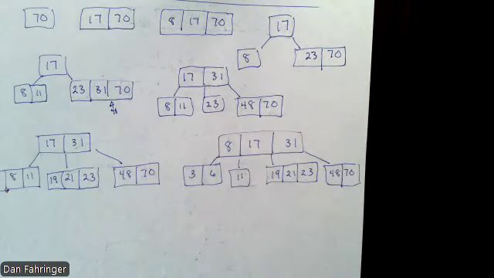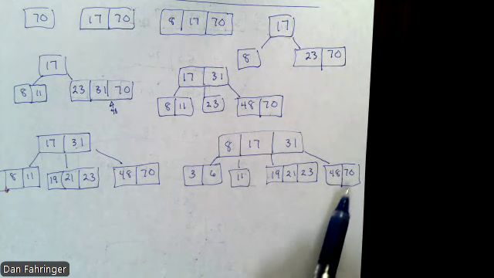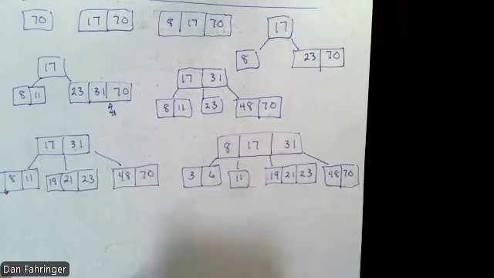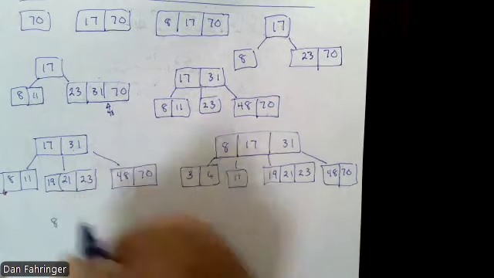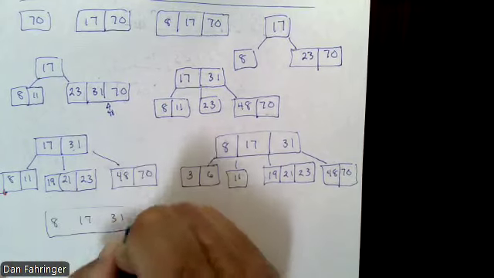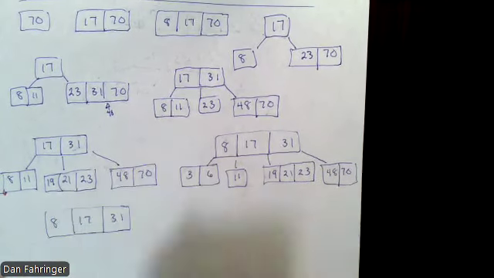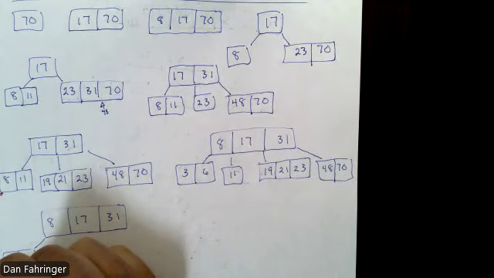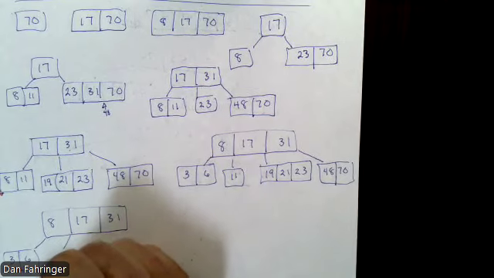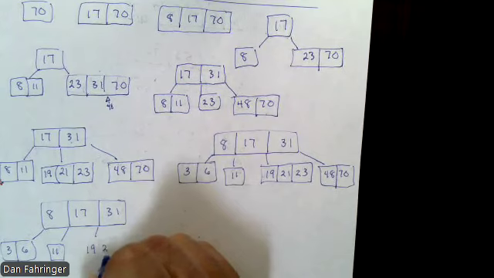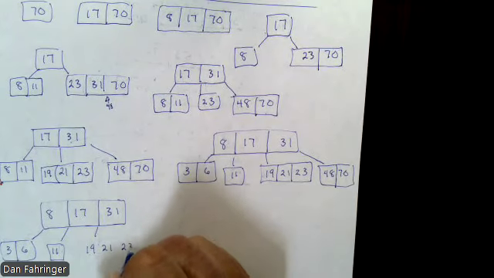The next number would be 68. 68 is going to go in this group. The number after 68 is 75. So let's draw the 68 one. 8, 17, 31. 3 and 6. 11, 19, 21, and 23.